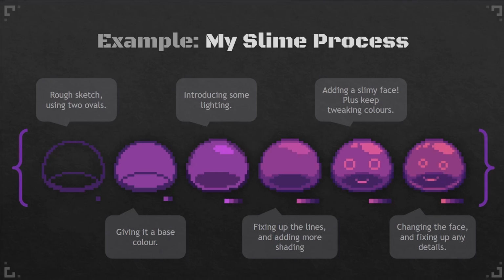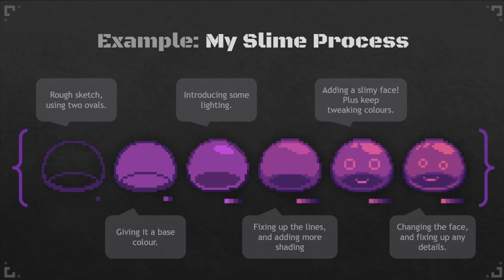I also used a bunch of references just to see what a slime is like, right? And then I started giving it a base color, started filling in the shape. Then I tried to introduce a bit of the lighting, figure out where the lighting direction is. Then I start fleshing it out, fixing up the lines, adding more shading, adding more complexity to the line work, just adding more and more details as we're getting closer to the complete line.